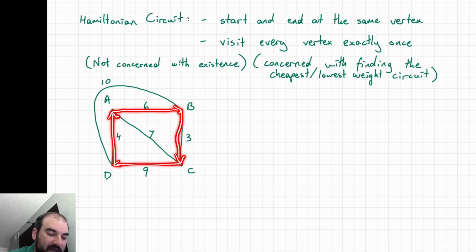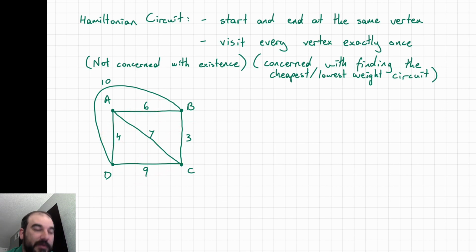So going from A to B would cost 6, and then a 3, and then a 9, and then a 4. So we would add those up. If I use those edges to travel around, I would get a total of 10 and then 22. So total cost would be 22 if I went that way around.